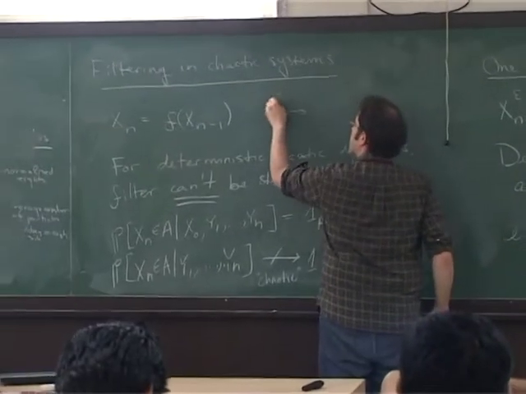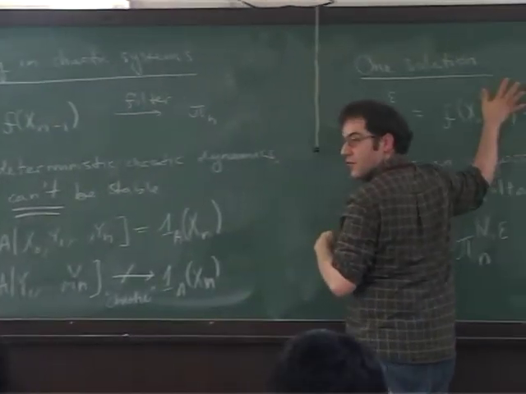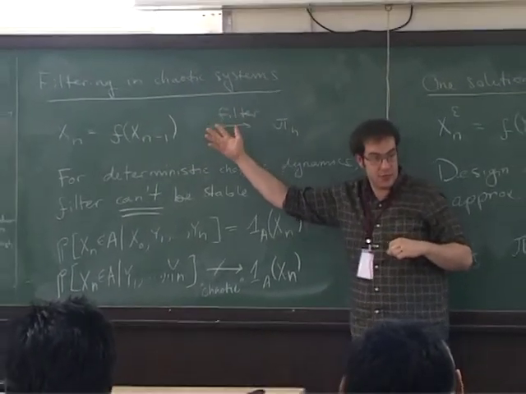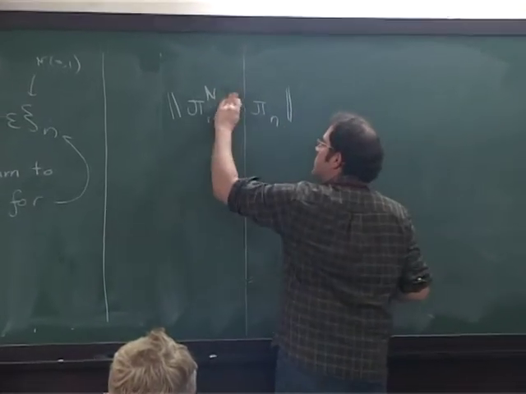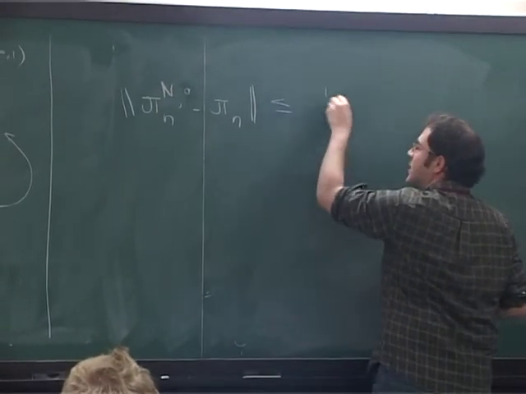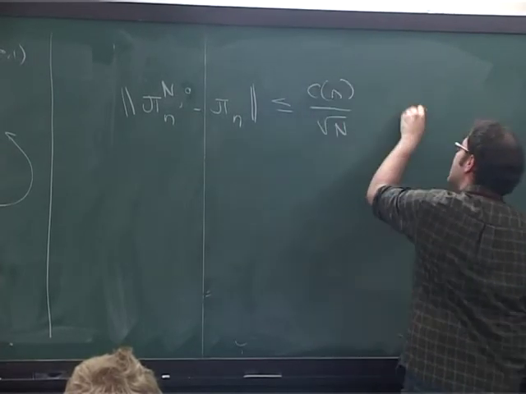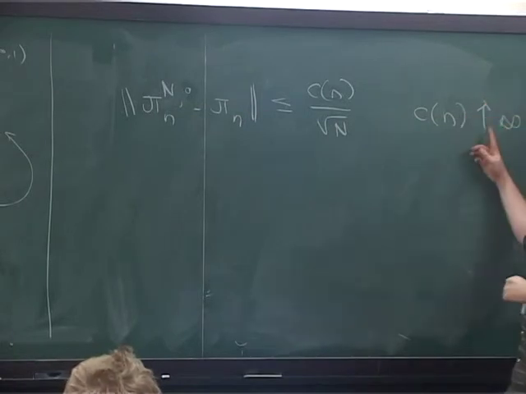At the end of the day, that's what we want to approximate. We don't want to approximate the filter for this. We want to approximate the filter for the true model, even though it's not stable. So if we choose epsilon as 0, then this is going to have some error, which is like 1 over square root N, but you're going to have here some function of n, C_n, and C_n increases over time. It's not going to go to 0.